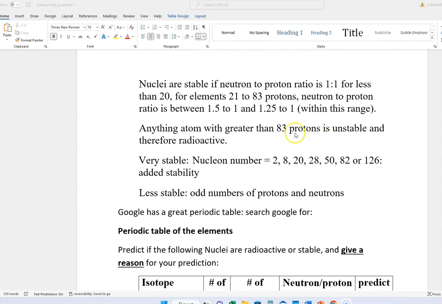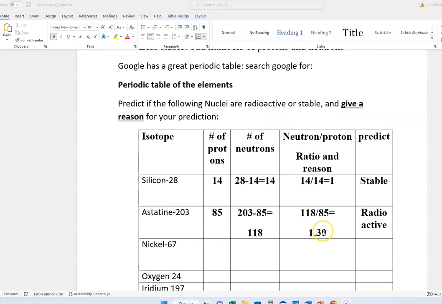The range, it says it should be no greater than 1.5, but greater than 1.25. And that's clearly the situation here, but that is not stable, right? It just is not stable at all.